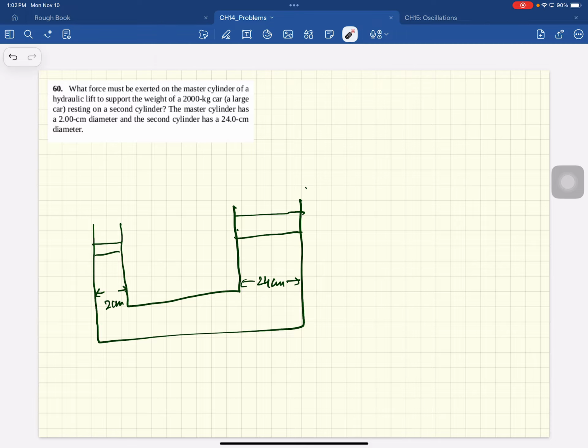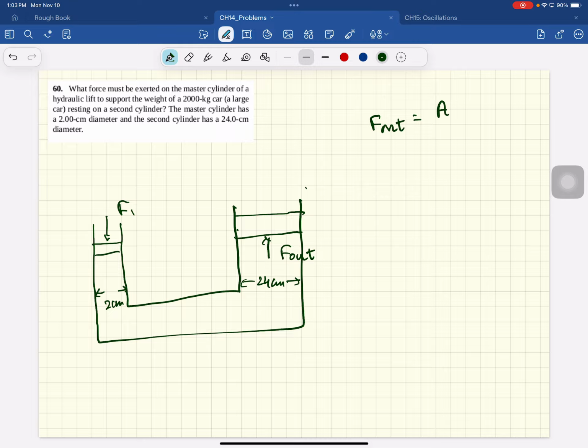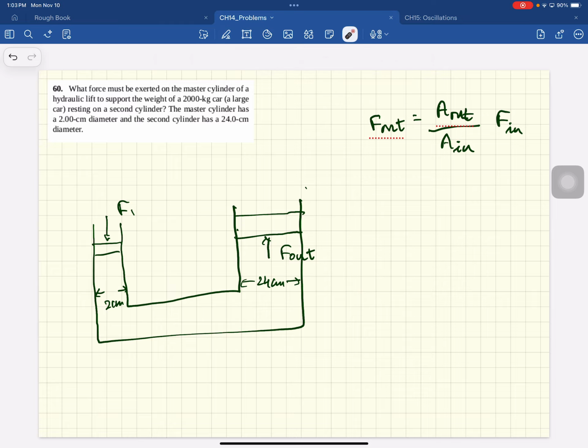So essentially this is a machine. It's a force multiplier, and it's very simple. This is the input force, this is the output force, and you saw from your notes the output force is the output area divided by the input area times the input force. This is Pascal's principle. This is the increase in pressure.